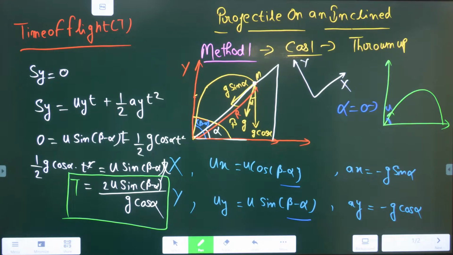So it was coming 2 sine beta minus alpha cos beta minus alpha. Something is wrong. I think you have not substituted properly. Let others also do, then I will solve.